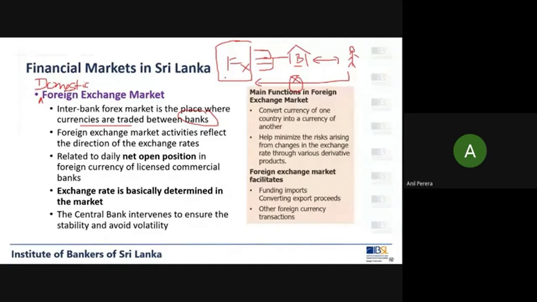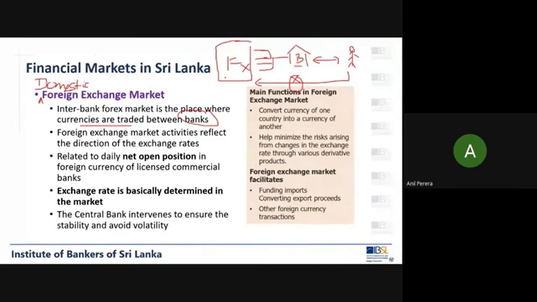When the banks are supplying and buying foreign exchange, or demanding it, the rate is determined. The exchange rate is determined there. On certain days, you might see banks demanding more foreign currency for various reasons, to pay for imports, to pay their customers, to make investments.